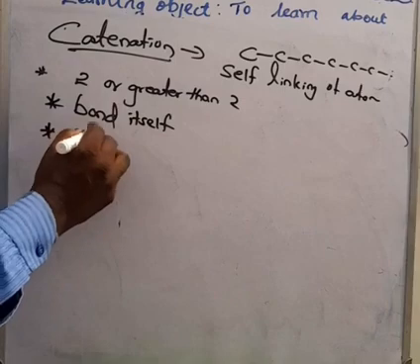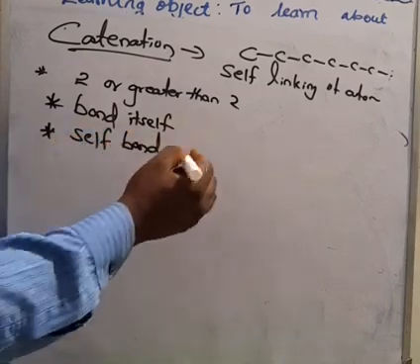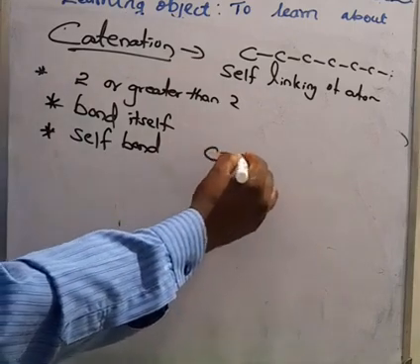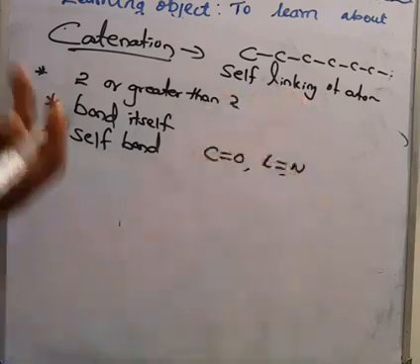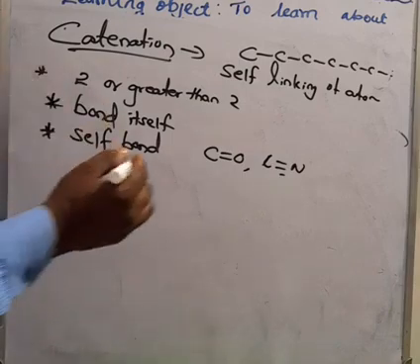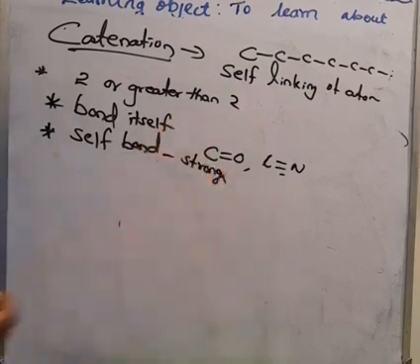Carbon bonds with carbon, carbon with carbon, and sometimes carbon bonds with oxygen or nitrogen. The self bond must be strong, and so must its bond with other elements.